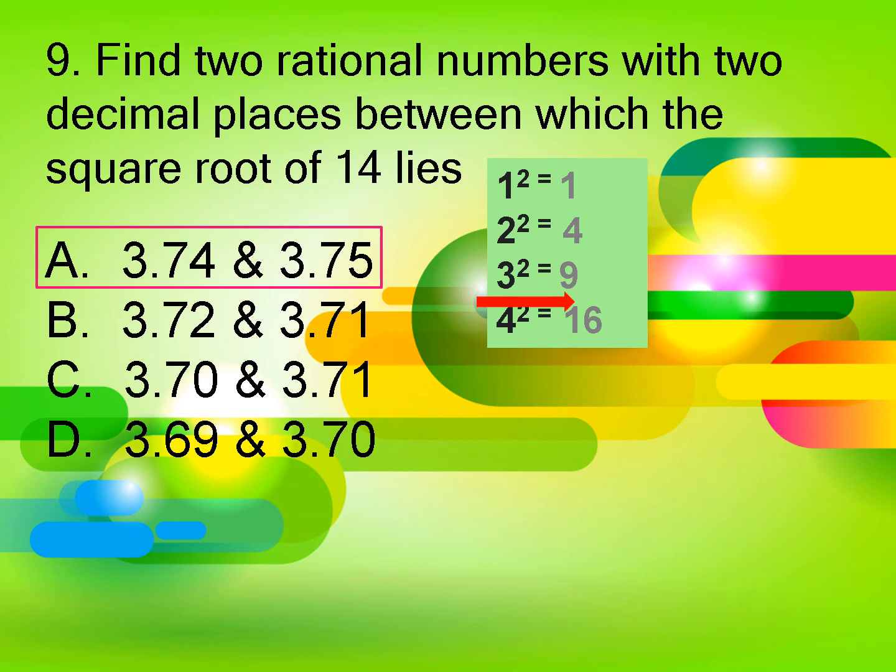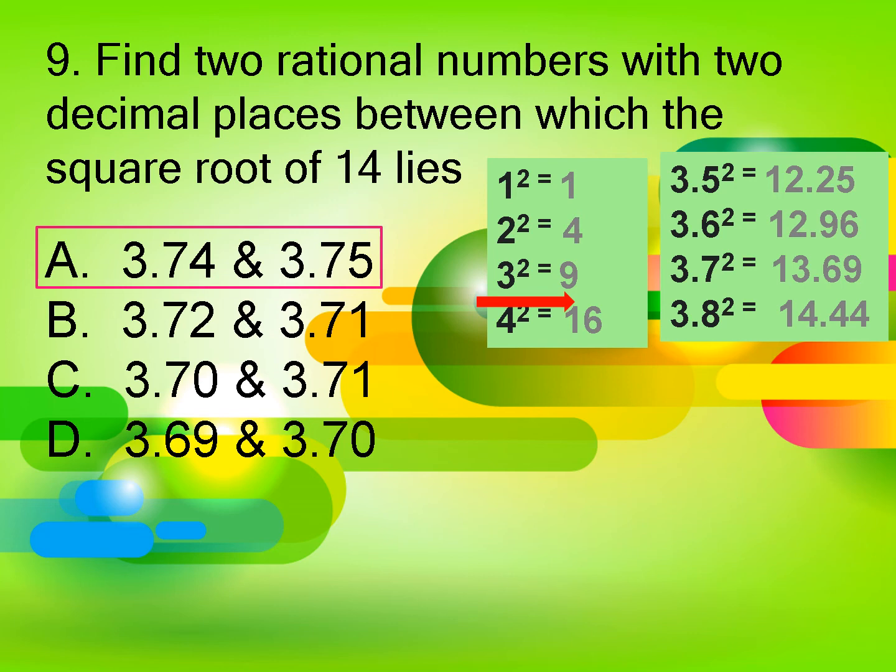So we'll try those numbers, but I suggest that we start at the middle part, so that when the result is bigger than the target, which is 14, we can directly say that we will use the lower number. However, if the result is lesser than our target, which is 14, we will use the bigger number.